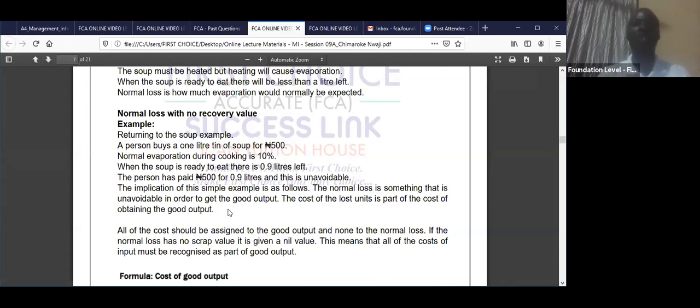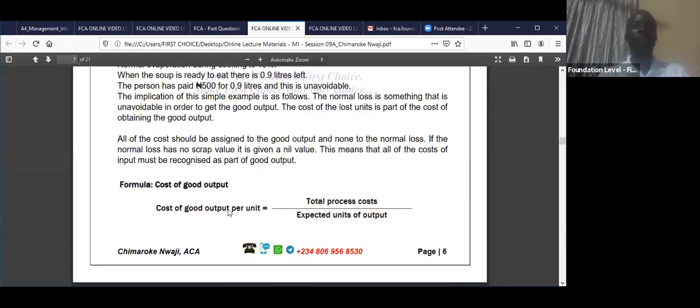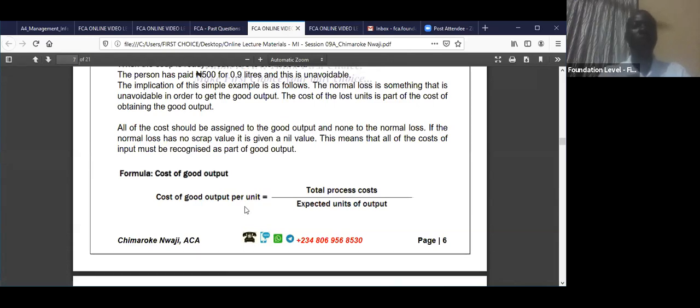All we have is how many units were lost, maybe let's say 0.1 liter. What is the value? Nil. All right, let's look at this formula. Cost of good output: it means the cost of good output is the total process cost, those costs you get at the left-hand side, divided by the expected unit of output.